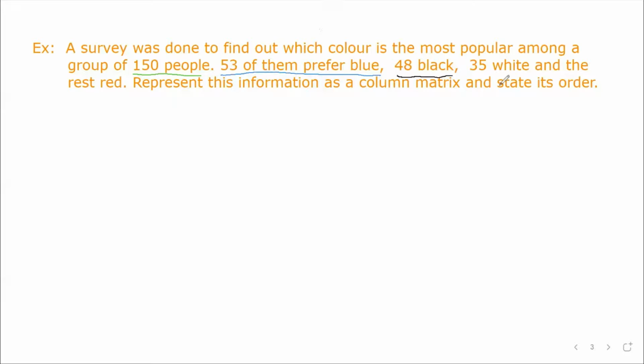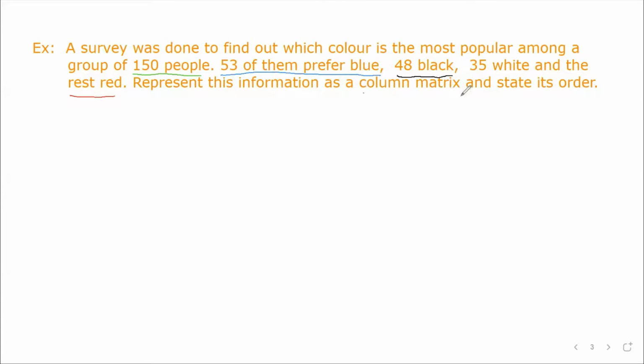Next, 35 prefer white, and the rest are red. Represent this information as a column matrix. Now they want you to represent it as a column matrix.